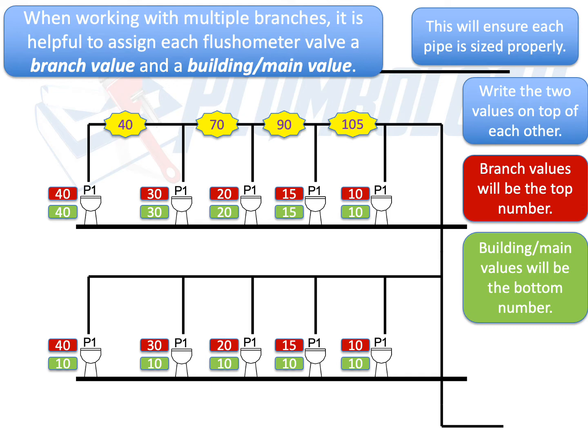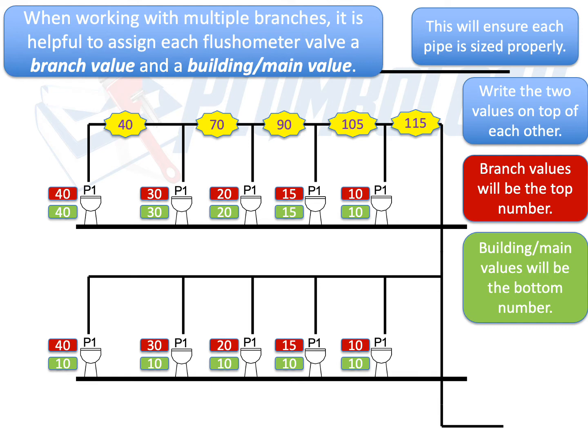And the last flush valve on the second floor, we've labeled it 10. So 105 plus 10 equals 115. So the top floor, the second floor, branch piping will be valued at 115 fixture units. We would size it for 115 fixture units.